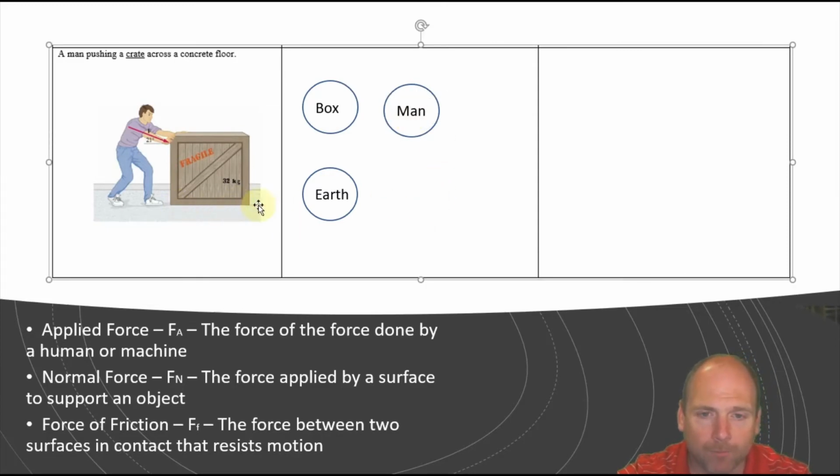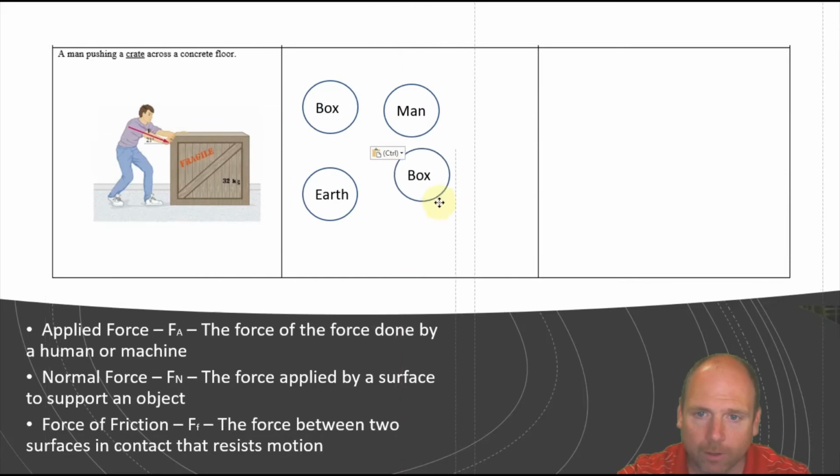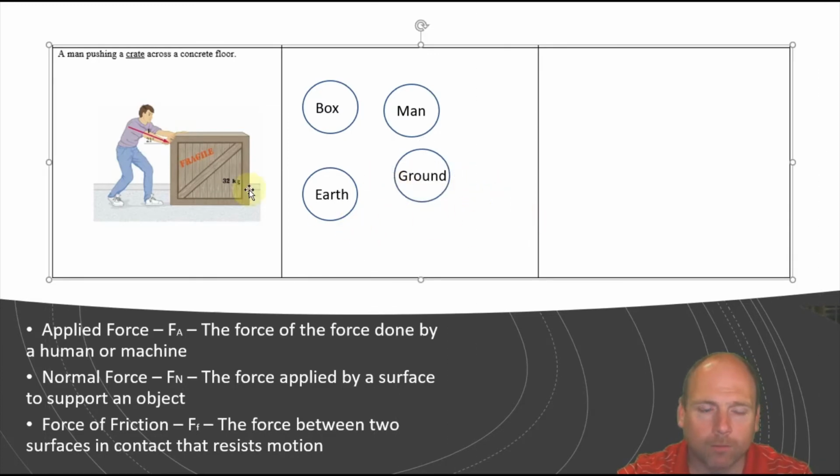All right. I've got the ground supporting the object. So I've got the ground. And the last one is the ground again, but it's friction. So as you push, it's got friction against it.